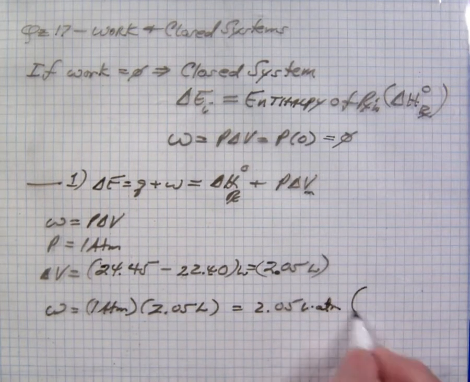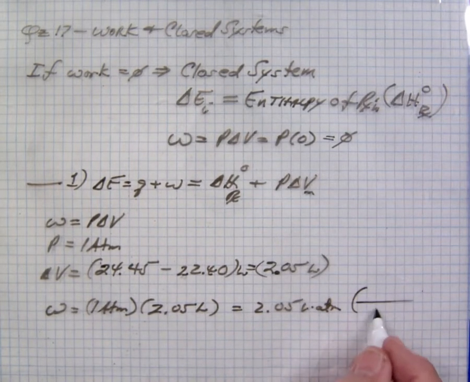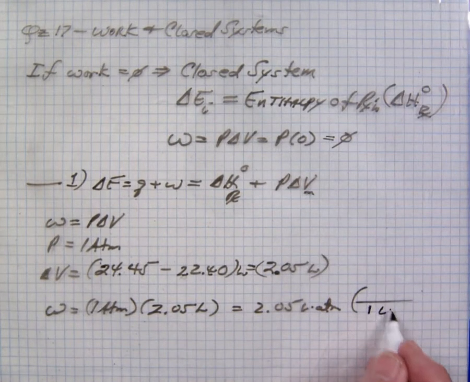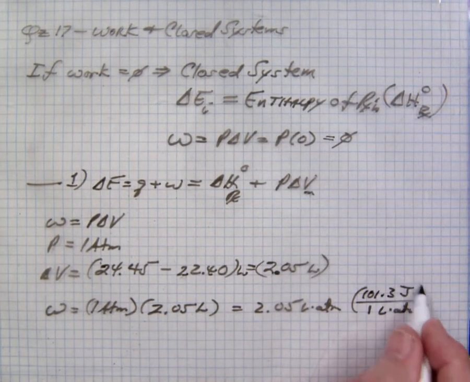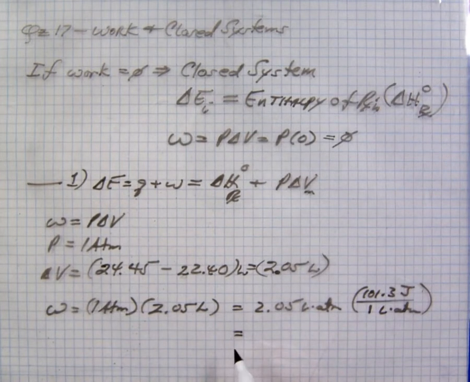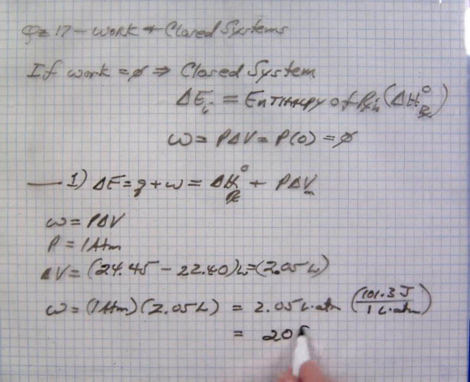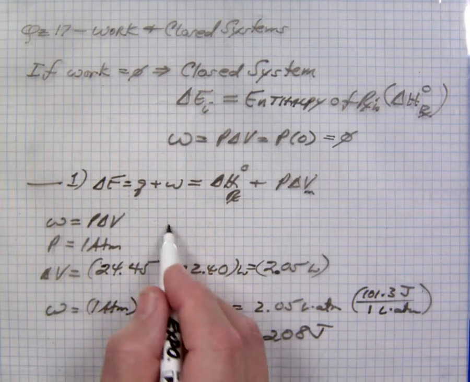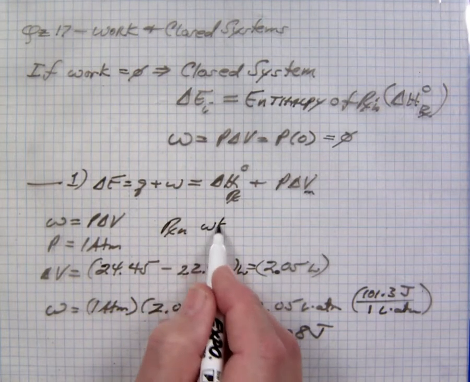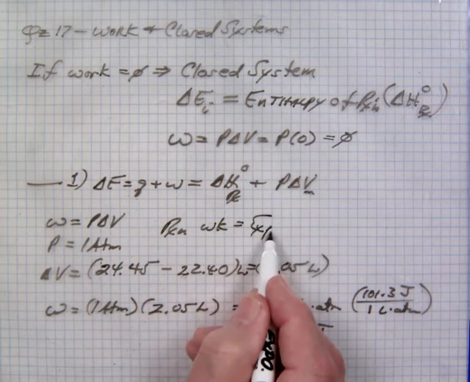Well, I gave you the conversion factor per 1 liter atmosphere, and that's 101.3 joules in this case, and I believe it came out 208 joules. Now, the problem was work done by 1 mole of ideal gas. It was just an ideal gas, so it's expanding. So reaction, work, expansion.